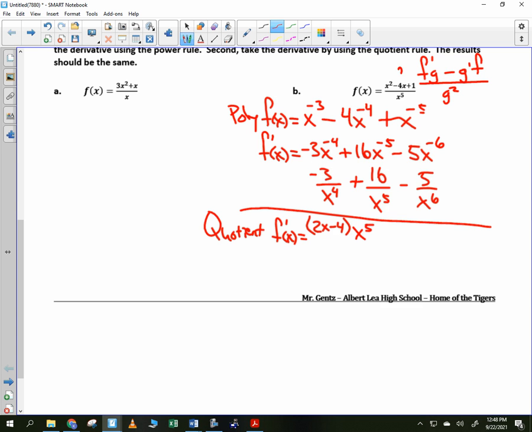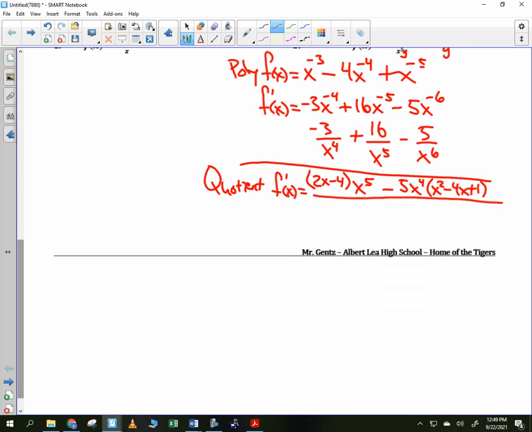So I'm calling f the top, I'm calling g the bottom. Minus, what's g prime? What's the derivative of the bottom? 5x to the fourth. Times x squared minus 4x plus 1. All over what? X to the 10th.